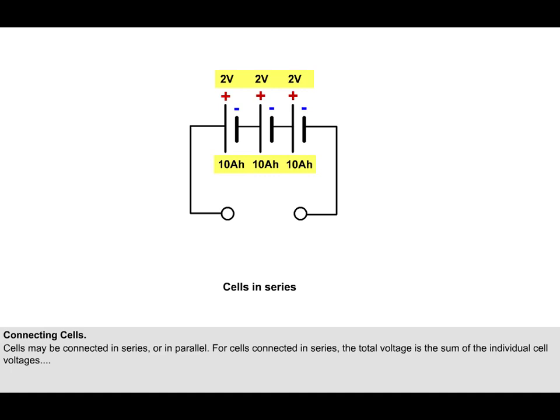So, for instance, if 3 2-volt cells, each with a capacity of 10 ampere hours, are joined in series, they will produce a voltage of 6 volts. But the capacity will be the same as for a single cell, in this case 10 ampere hours.